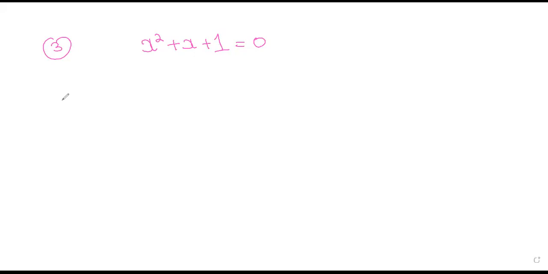Because the negative sign is coming, we get -1 radical -3/2. Okay, so you are getting b square minus 4ac as -3, right? Okay, and what are your roots?